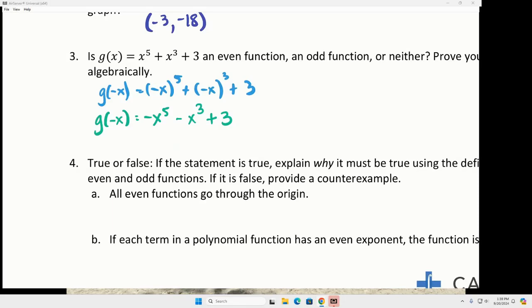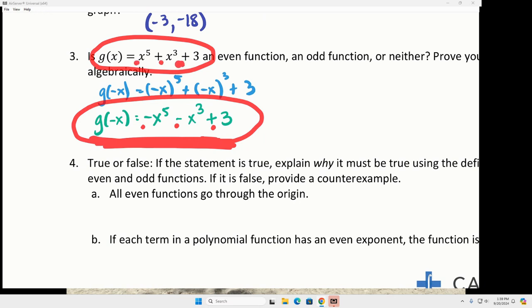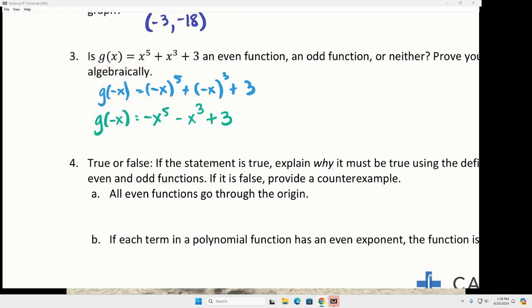Alright, so when we compare these, one of 3 things could happen. Either they're exactly the same, which they're not. That's what would happen if it was even. If it was odd, then every single sign changed. Did that happen? No. So then if some signs change, like these 2 changed, but this one didn't, then it's going to be neither.